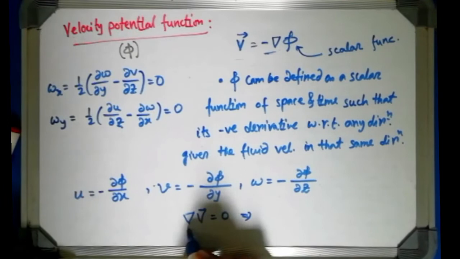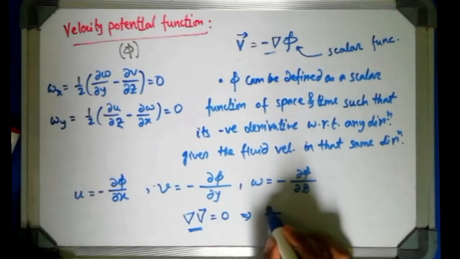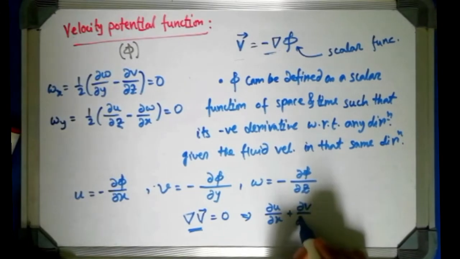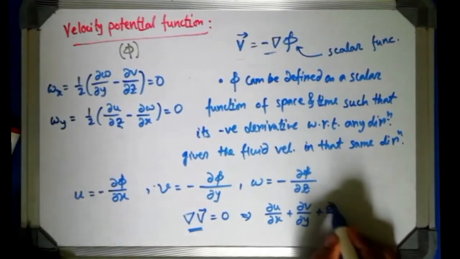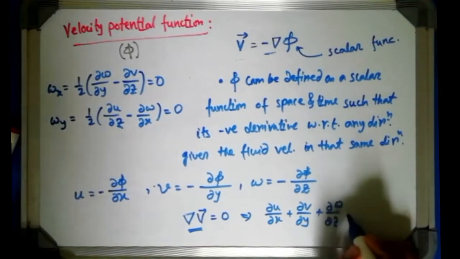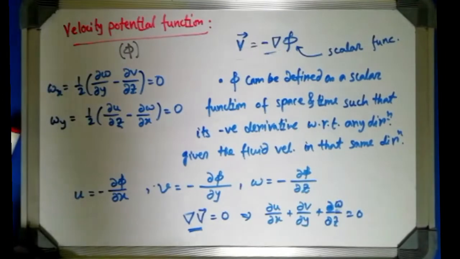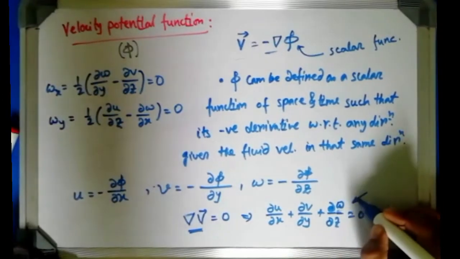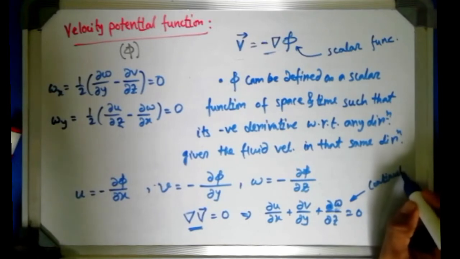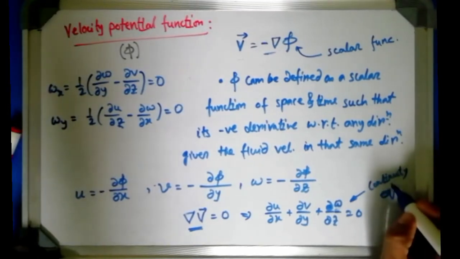If I express this like this way, del u del x plus del v del y plus del w del z equals to 0, easily I can write it, the divergence term like this. So what does this mean? It is nothing but the continuity equation, isn't it? It is nothing but the continuity equation.